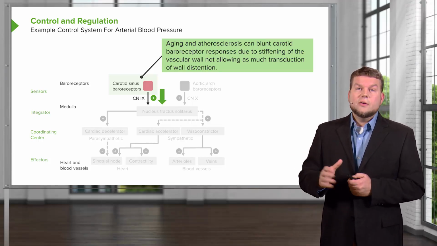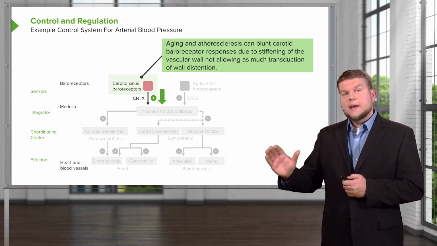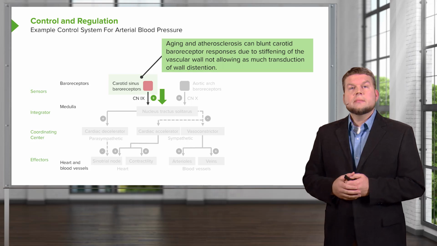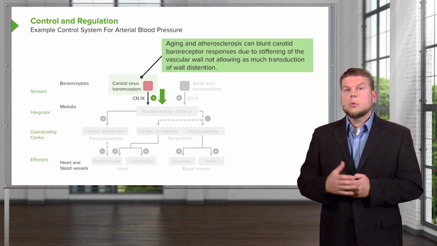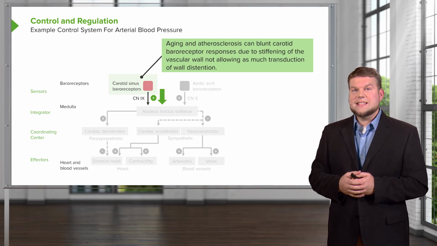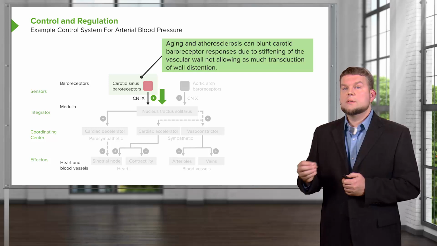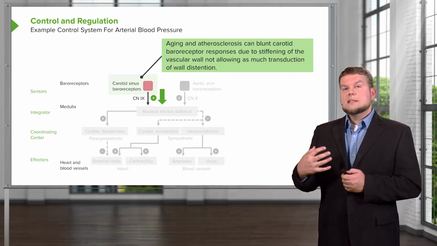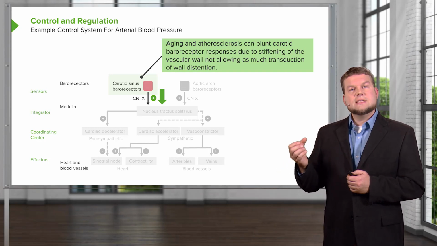Now, there are pathophysiology examples that we can think of that will affect these regulated loops. One that I'll just point out is atherosclerosis, or another component that we could think of is aging, because both of these can blunt baroreceptor responses because they change the vessel walls in such a way that the vessel walls are stiffer.